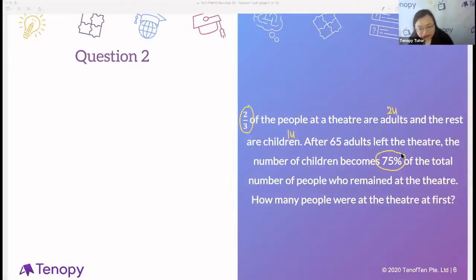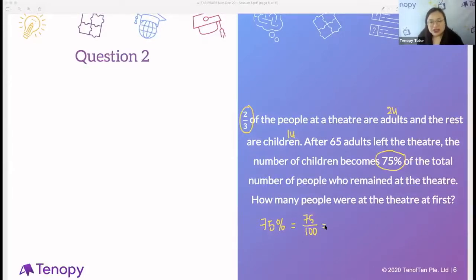Okay, 75%, for those who are new to percentage, percentage is a little bit similar to what your fraction is like. So 75% is actually the same as you express 75 as 75 out of 100. Very good, Faliha. Yes, that's not 0.75.